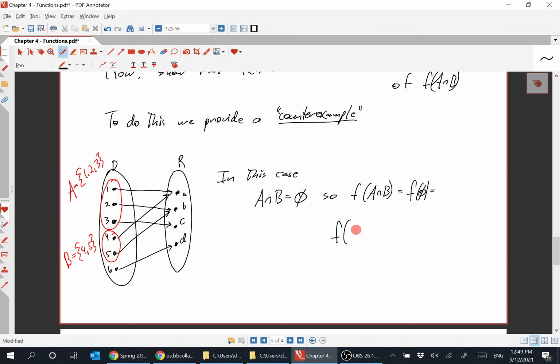The image of the empty set is the set of all f of x such that x is in the empty set. So that is just the empty set. In this case, A intersection B is the empty set, so the image of A intersection B is the empty set.